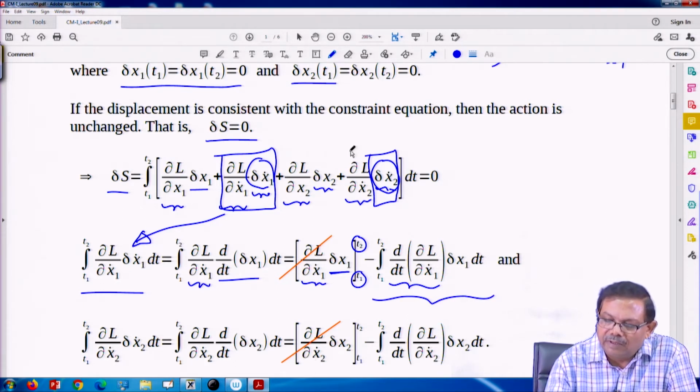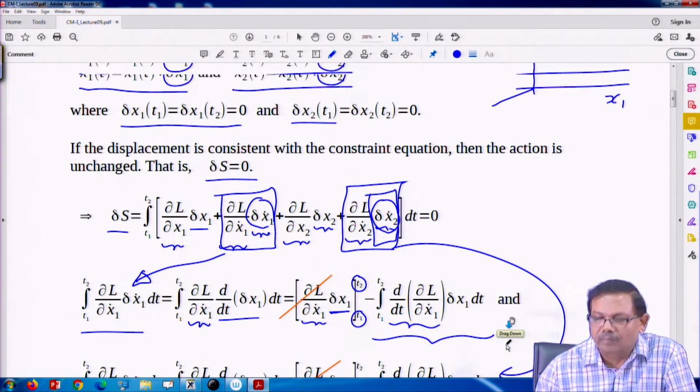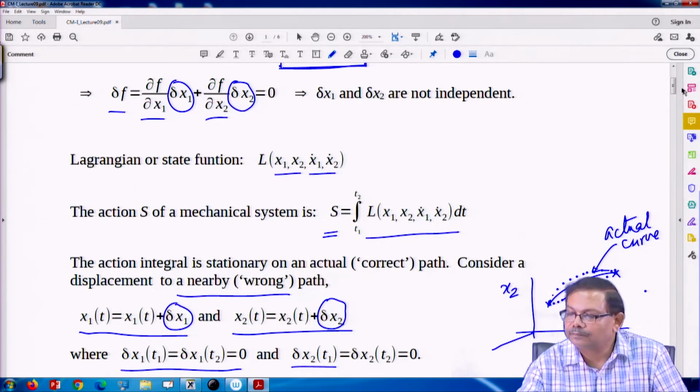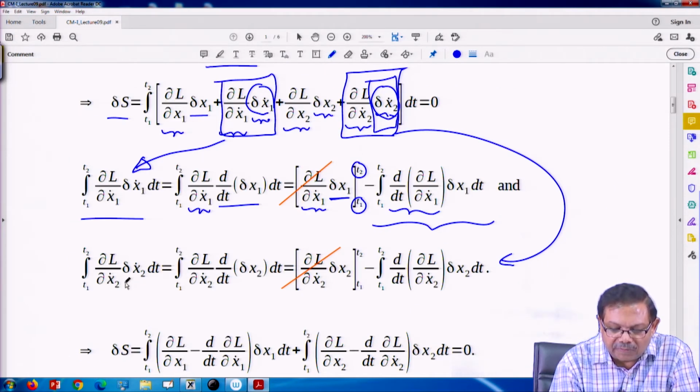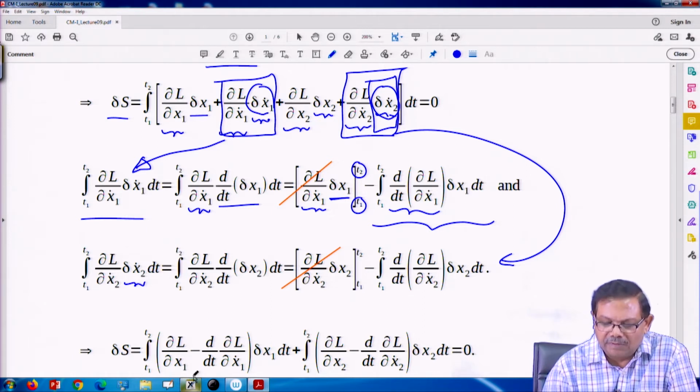Similarly, we can integrate by parts this one. The variation and the time derivative are independent of each other. So, d dt can be taken out and delta is inside.